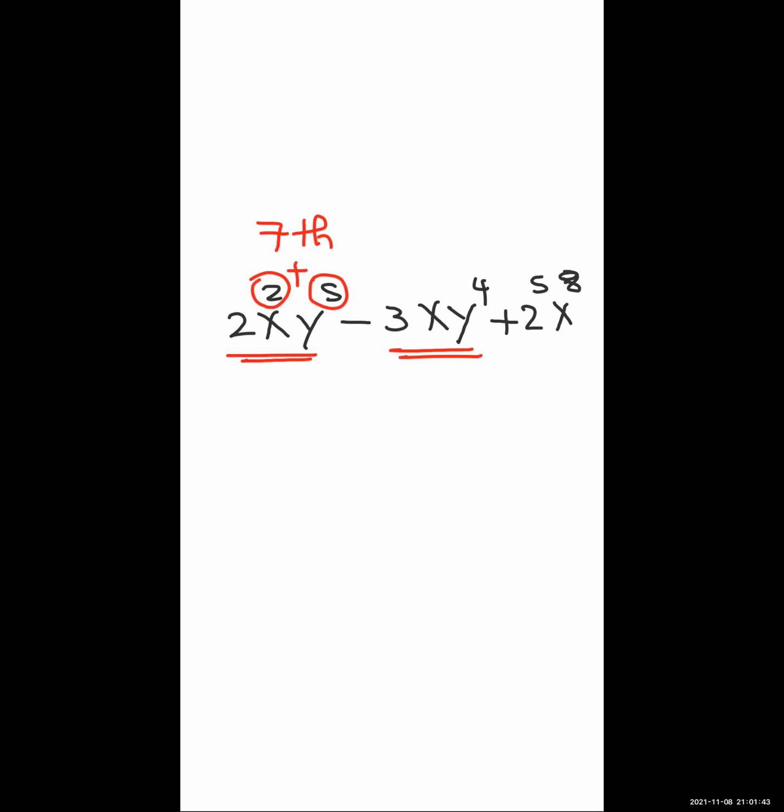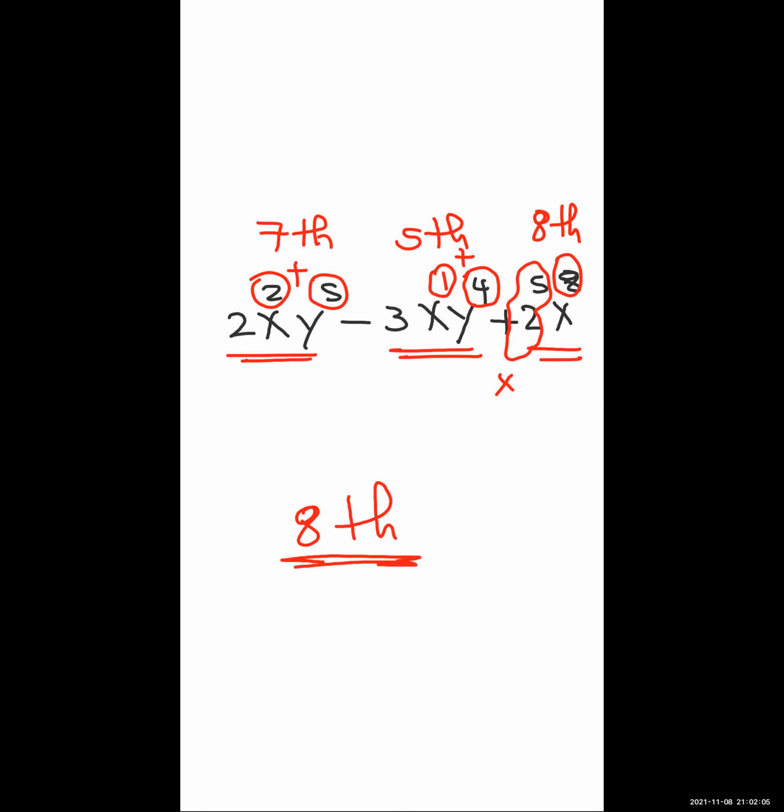The second term will be 5th, because this one is 4 and there is 1 here, so 4 plus 1, 5. The third will be 8, ignore the number, because the power here is 8. Then the degree at the highest power is 8. Exactly, 8th degree. Very good.